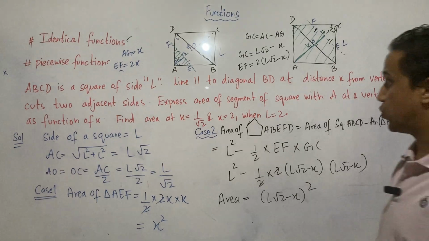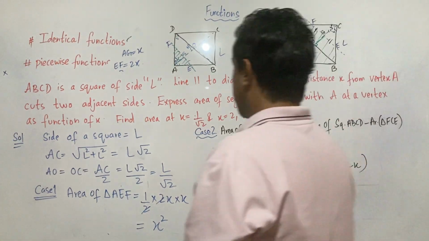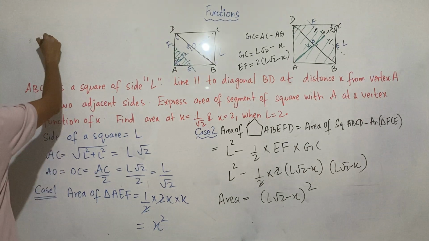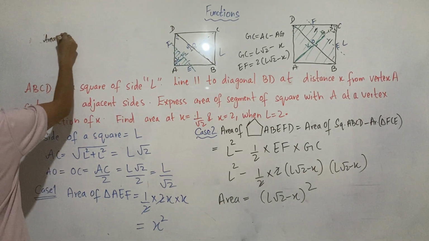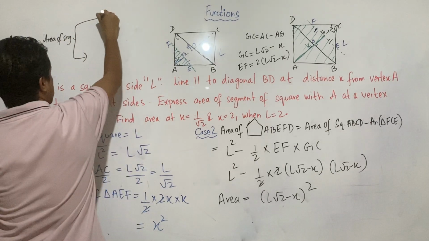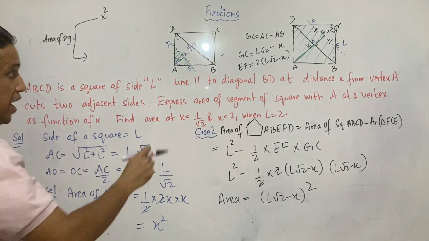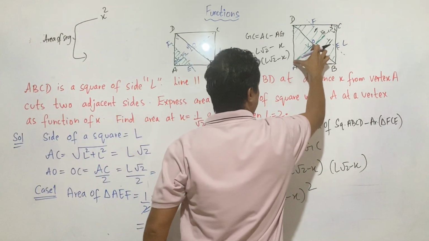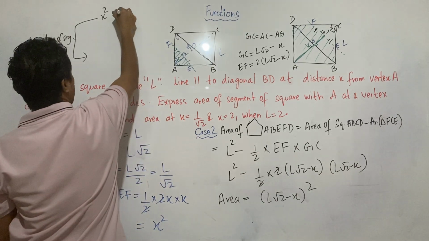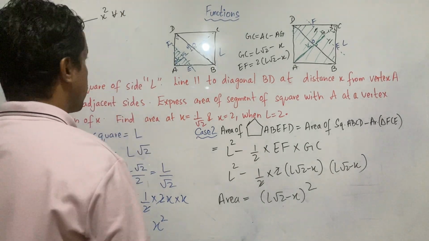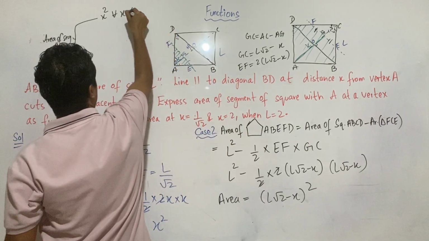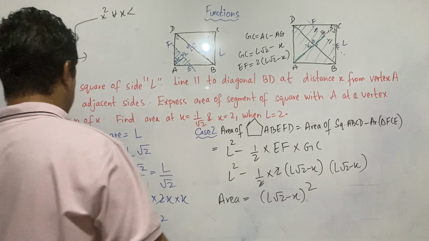Now see here, we have two cases. So here I can write my area of segment: X square when, it's going to be 2X square, for all x less than AO, right?